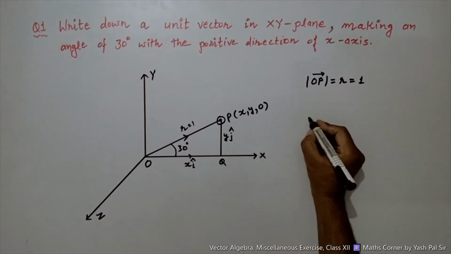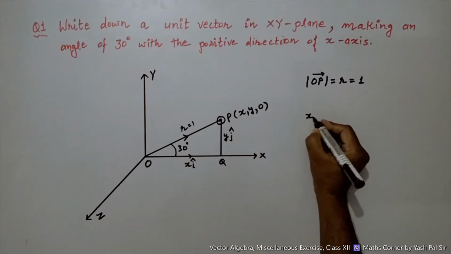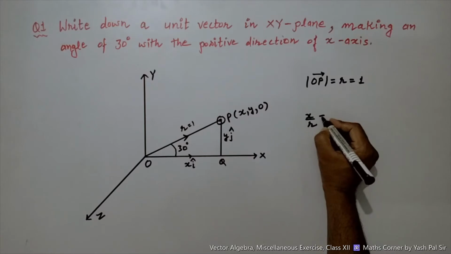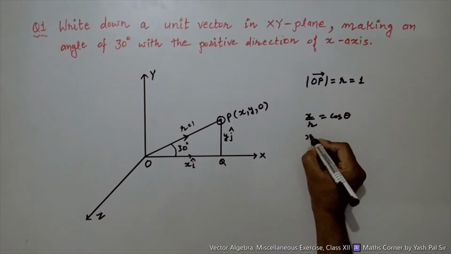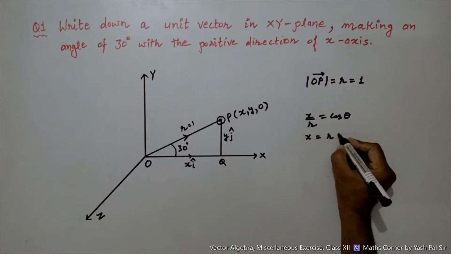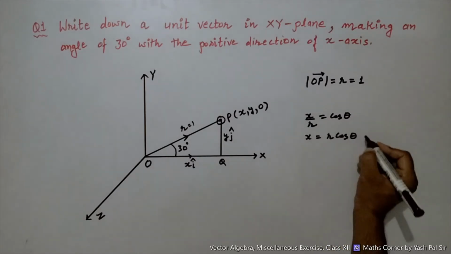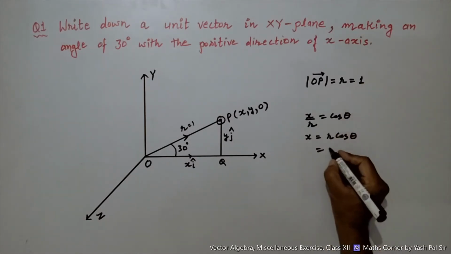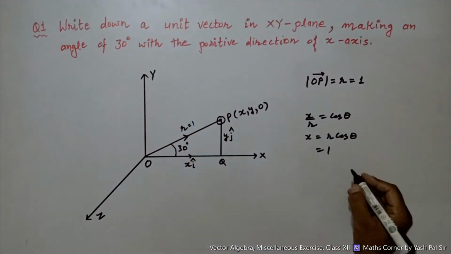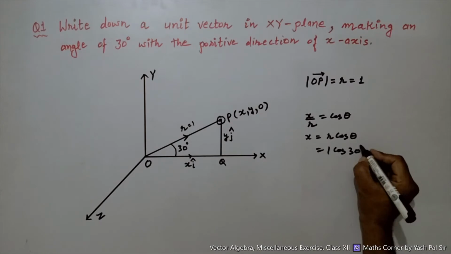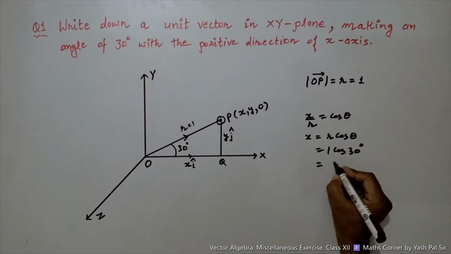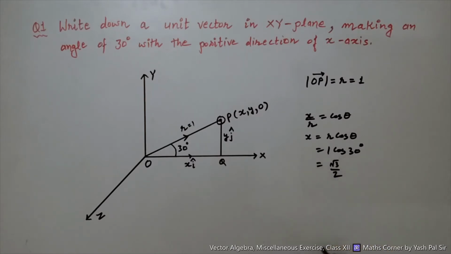Now what we know, x upon r is equal to cos theta. So x coordinate is equal to r into cos theta. R itself is 1, one unit vector. Cos theta, cos 30 degree. Cos 30 degree value is square root of 3 upon 2.